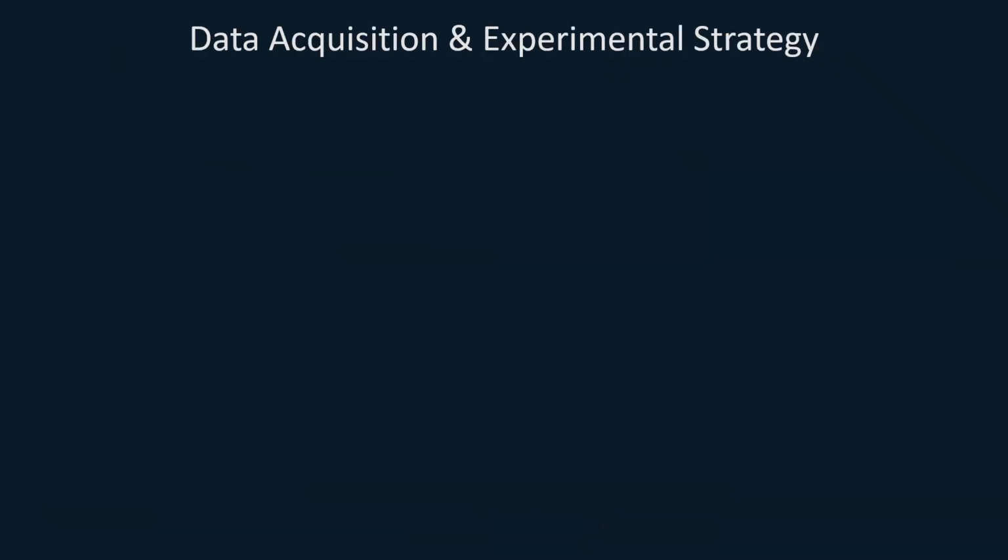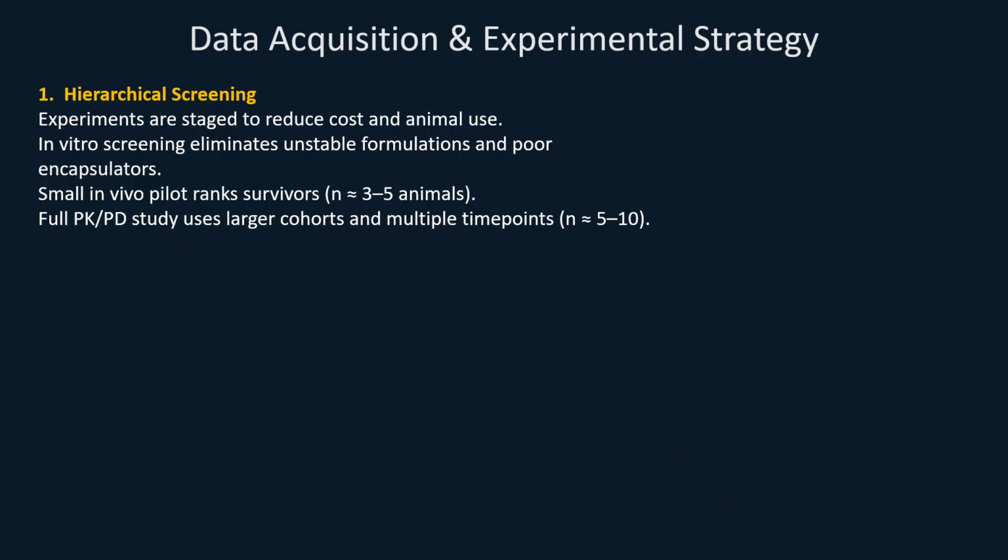Because biodistribution experiments are expensive and require animal subjects, data acquisition needs to be organized. You start with a large formulation library and use in vitro assays to eliminate unstable candidates and anything with poor encapsulation efficiency, for example.